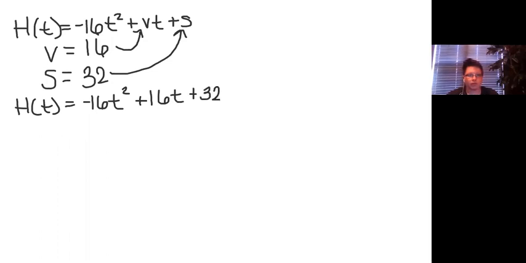The reason I think of that as the starting is because if you're just kicking a ball off the ground, you start at 0. Kind of like your y-intercept, even though it's not your y-intercept, that's where you start off thinking about. All right, so A is negative 16, B is 16, C is 32.